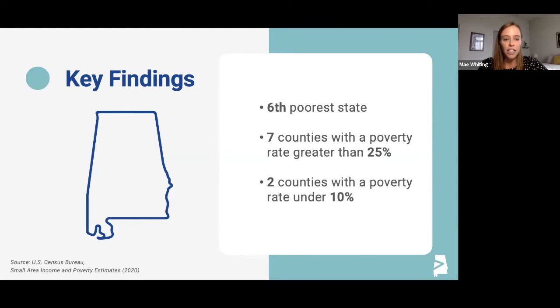And poverty in Alabama is definitely more concentrated in some regions of the state. We have 7 counties in Alabama that have a poverty rate higher than 25%, compared to only 2 counties in our state that have a poverty rate under 10%.